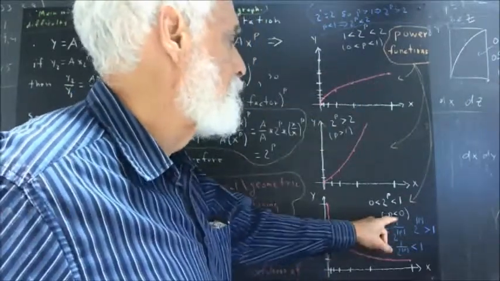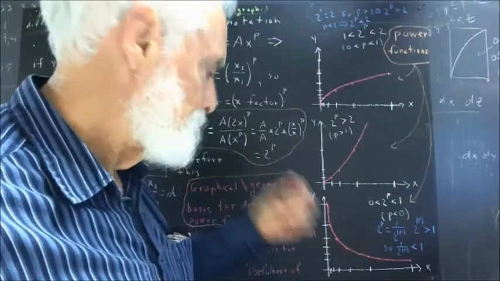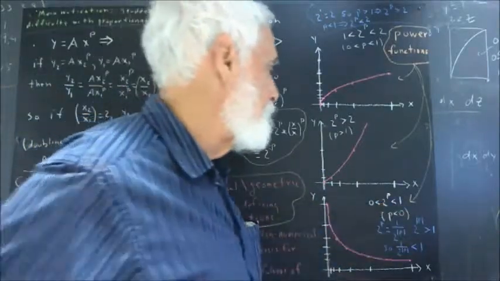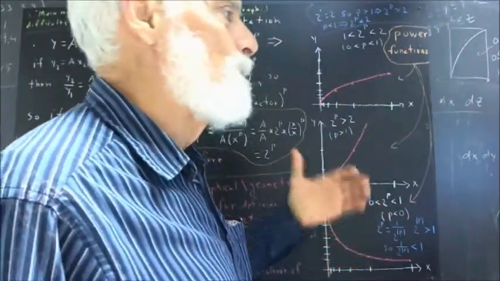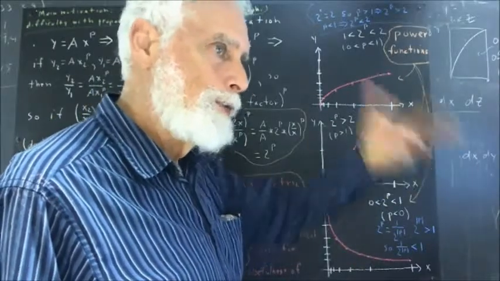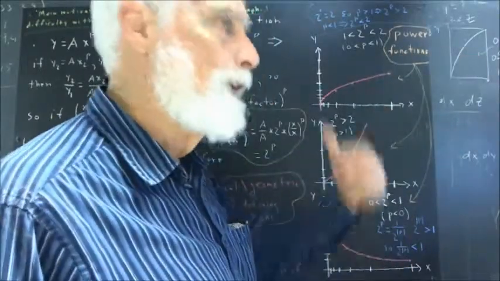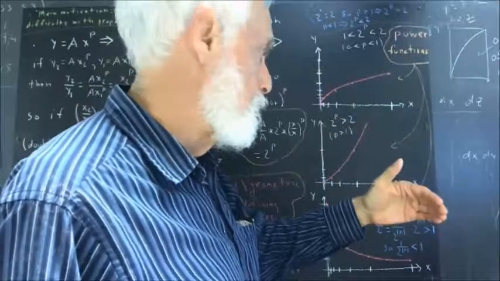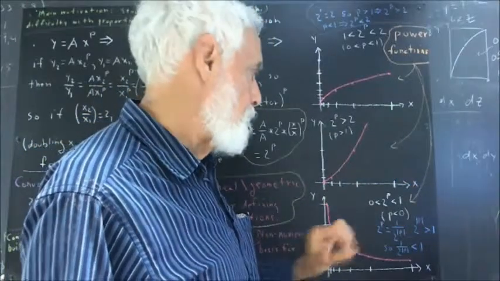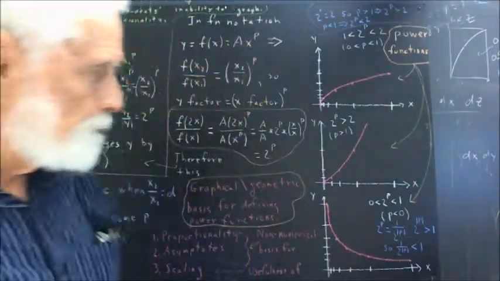And if p is less than 0, well, if p is less than 0, then 2 to a negative power is 1 over 2 to that power. So 2 to the negative 3 would be 1 over 2 cubed. It's a law of exponents that nobody seems to know.